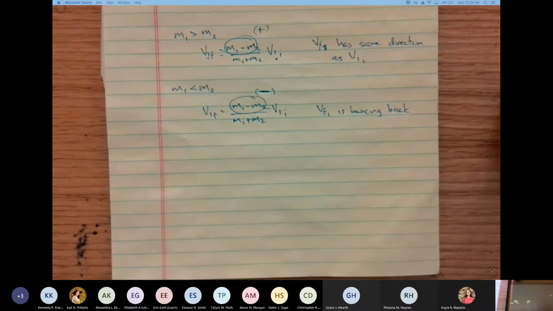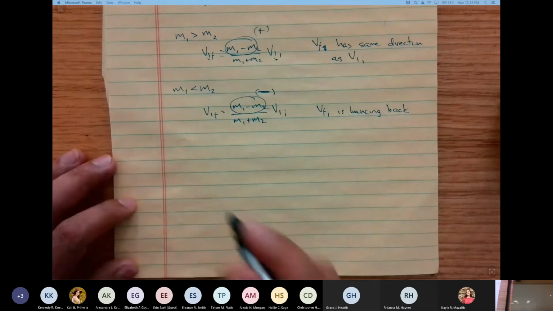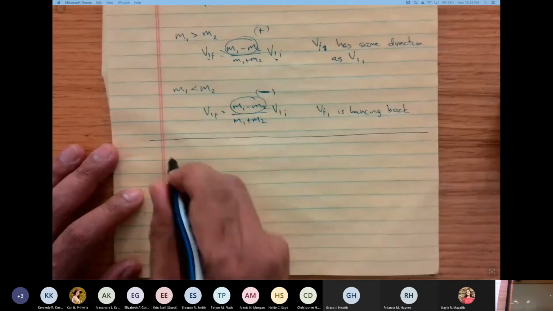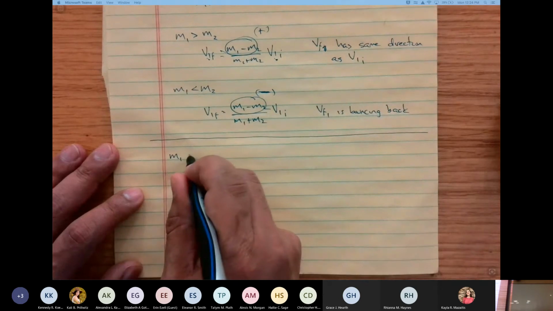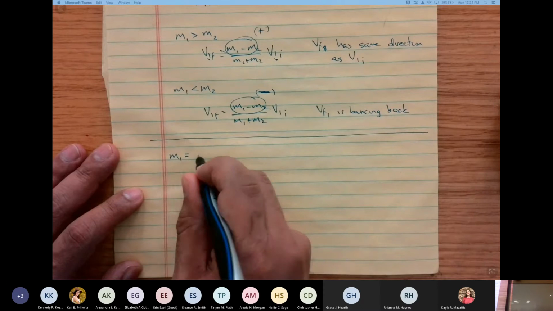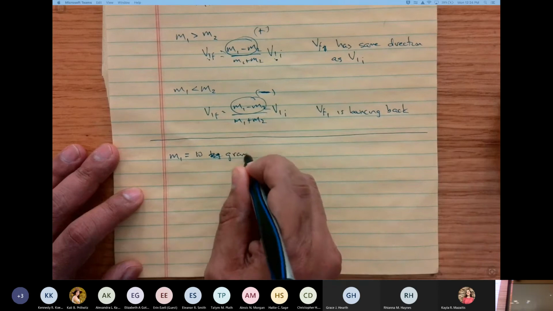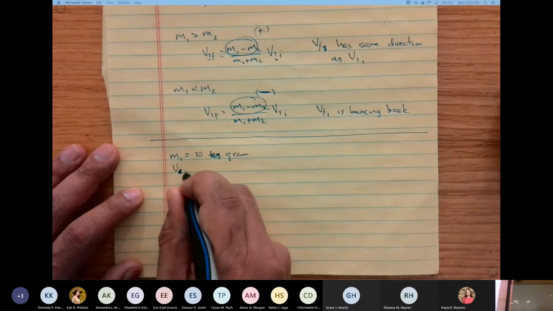Okay, so let's do a very quick problem. I'm going to assume that I have a mass of 10 grams, and it has an initial velocity of 20 meters per second.